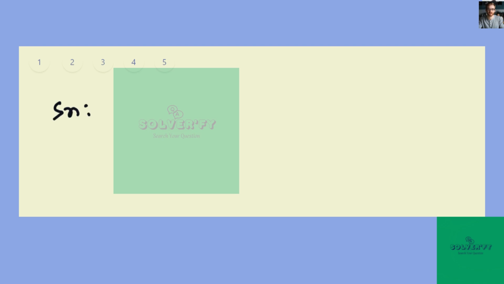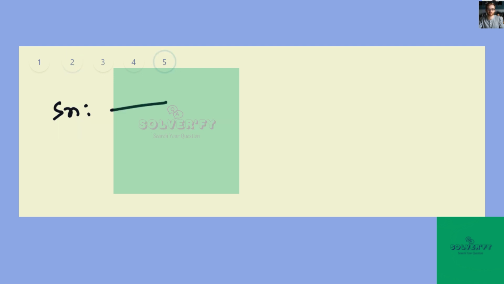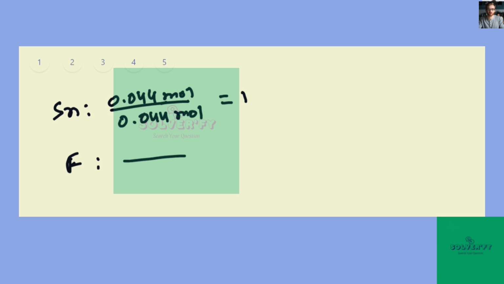So the ratio of tin will be equal to its number of moles, which is 0.044, over 0.044, and it will give us a value of 1. And then the ratio of fluorine will be 0.177 mole, which is the number of moles of fluorine we calculated, over this 0.044 mole, and this will give us a value of 4.02.